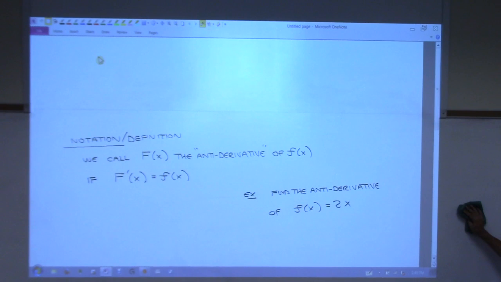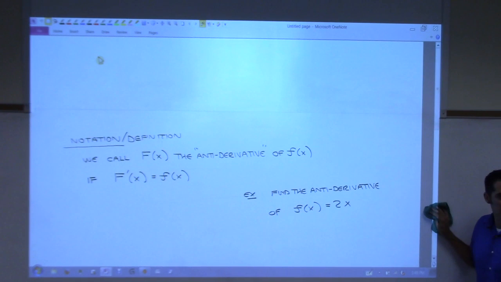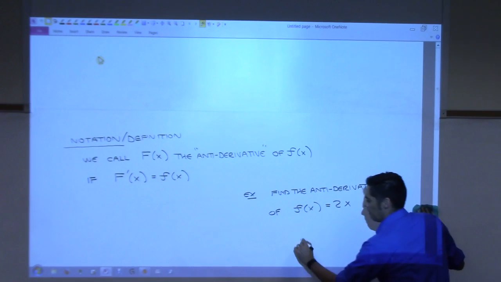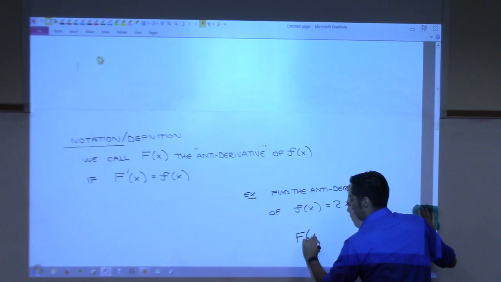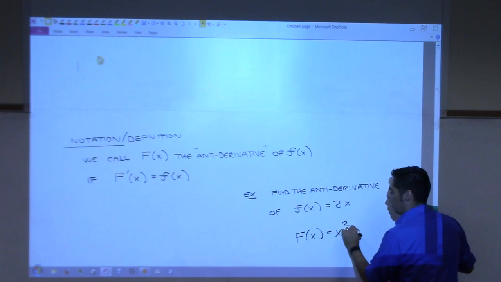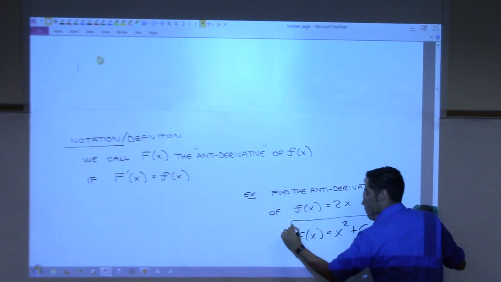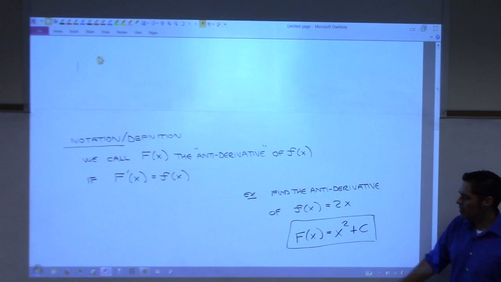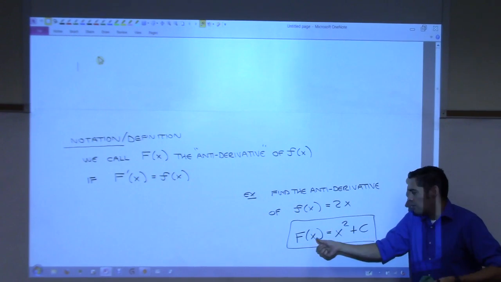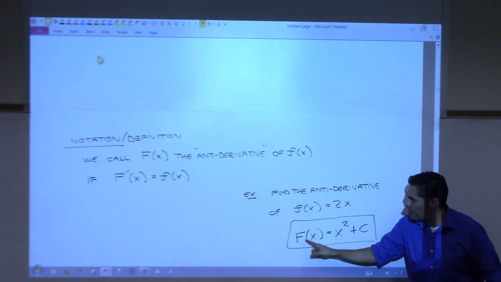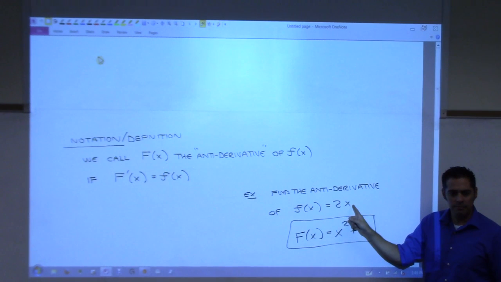We've already done this problem, but the notation is going to look a little different here. What's the antiderivative of that function? X squared plus c. So here's how I write it. Capital F of x equals x squared plus c. See? This is the parent. When I take the derivative of this, I get back that, don't I?